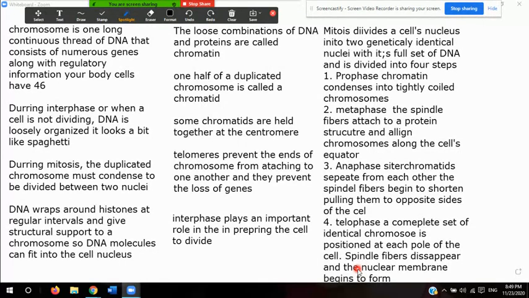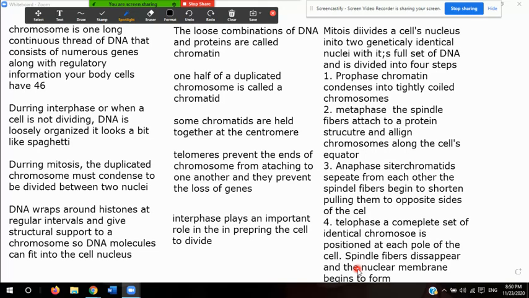It's in telophase that the spindle fibers disappear, the spaghetti-like DNA is no longer there, and the chromosome is fully divided.